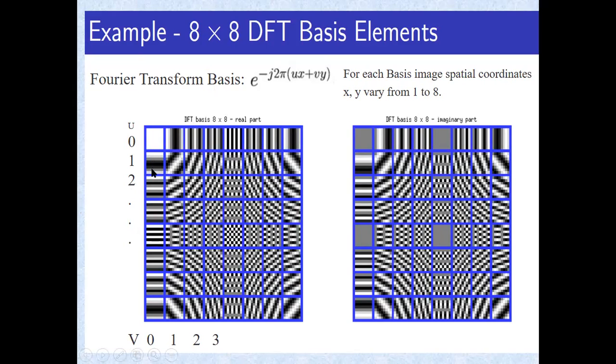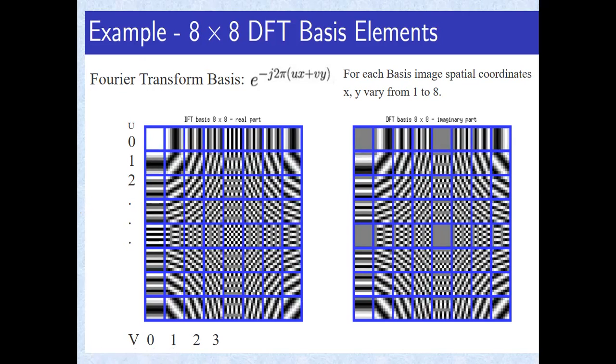Whereas here in y direction their frequencies are different, and in x direction their frequencies are same. Here, in both x and y directions, you see the variations of frequencies along the diagonal. Is this clear? Understanding of these basis images?